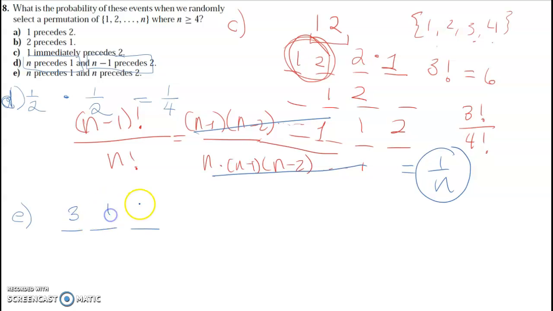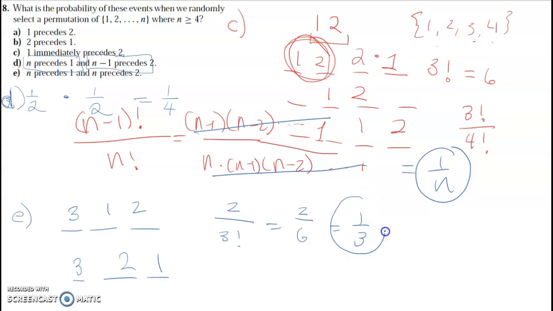So this would be 3, 1, 2. Or our second option is 3, 2, 1. So we only have 2 cases, if you count them, out of 3 factorial. So this would be 2 over 6, which would get us to 1/3. So this is our answer for E.